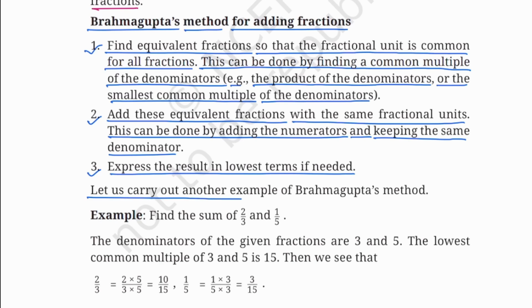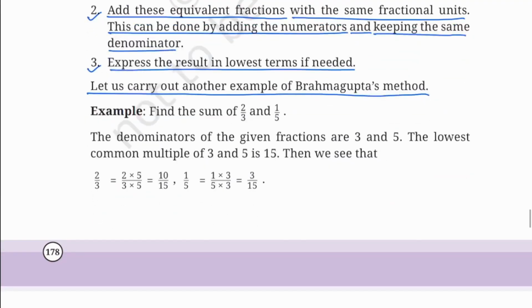Let us carry out another example of Brahmagupta's method. Example: find the sum of 2 upon 3 and 1 upon 5. The denominators of the given fractions are 3 and 5. The lowest common multiple of 3 and 5 is 15.